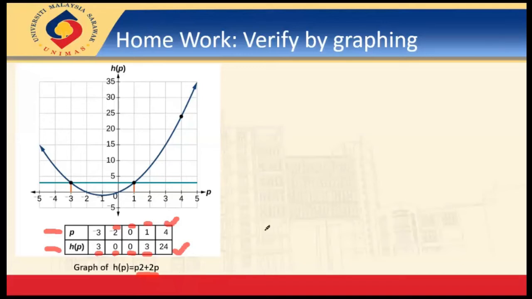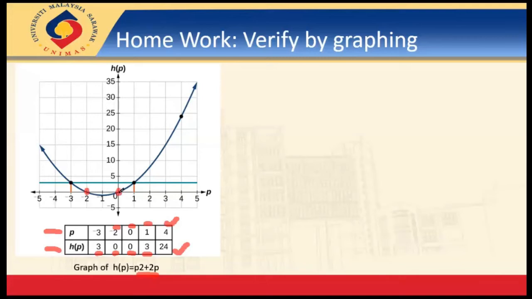Now to represent this function in a graph, it will be like this. This graph represents exactly the same values. When it is 0, the output is 0, and at negative 2, it is again 0.